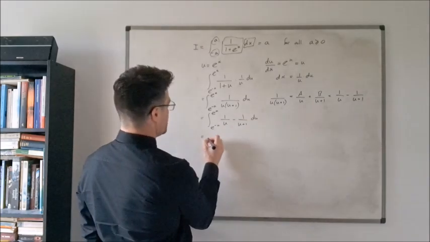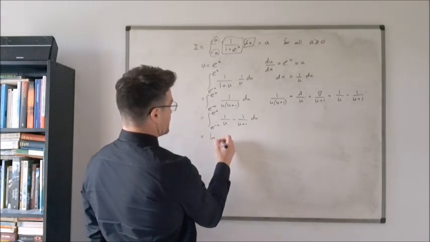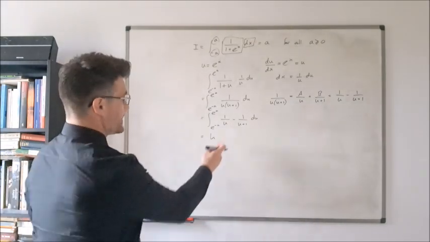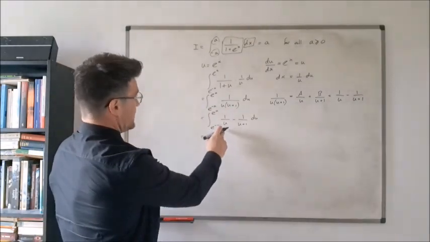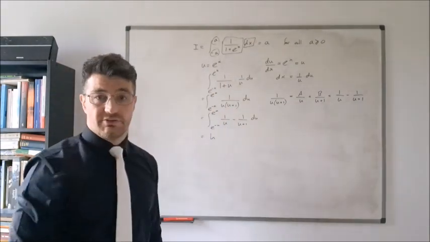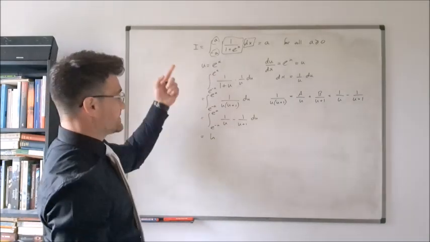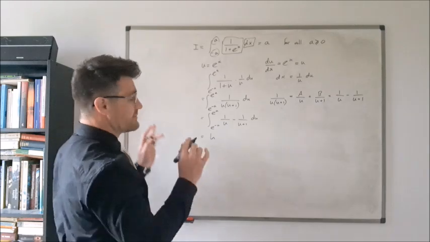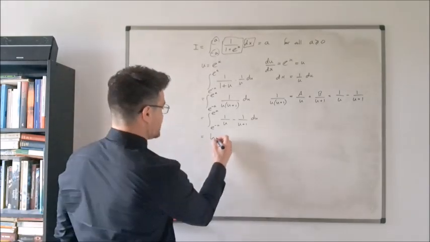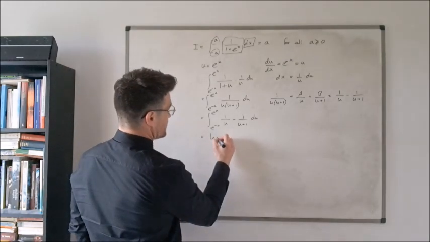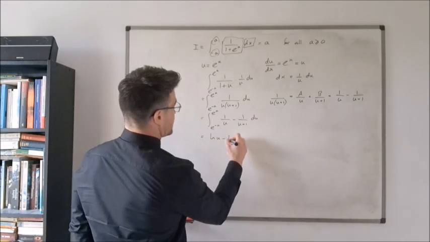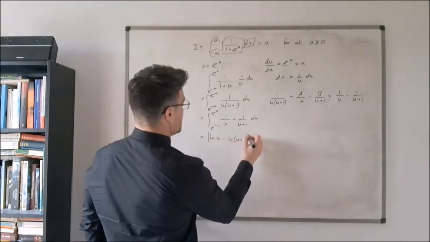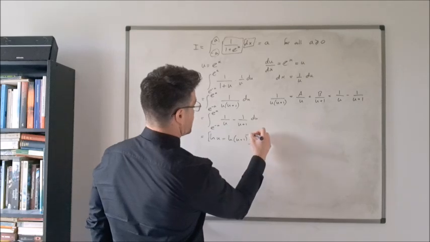This is equal to the natural logarithm of, strictly speaking, the modulus of u, but we can see that u is greater than 0, it's exponential, so it's going to be positive. So I'm not going to worry too much about the modulus signs here. It's going to be the natural logarithm of u minus the natural logarithm of u plus 1, between e to the minus a and e to the a.